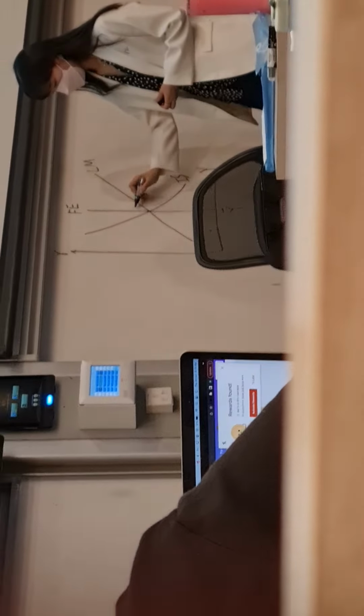So what happens to the equilibrium employment? It decreases to N2 bar. Alright? So the fall in A leads to a fall in the employment in equilibrium.